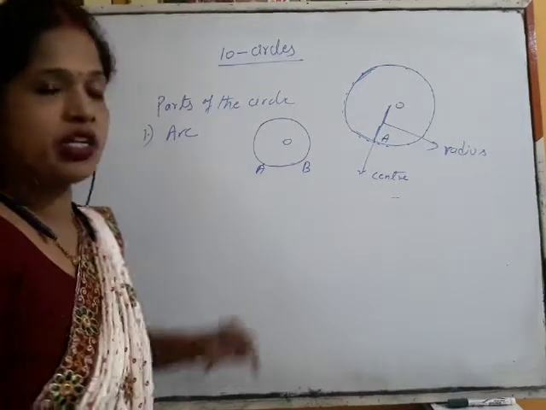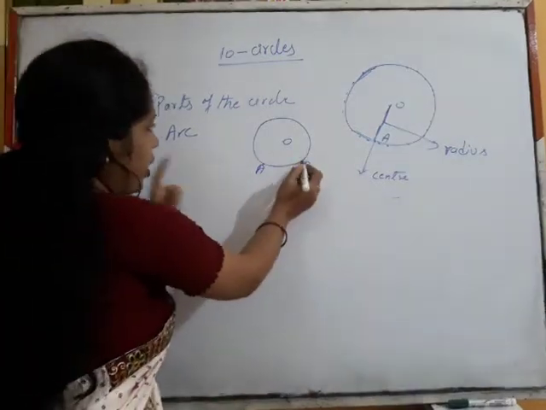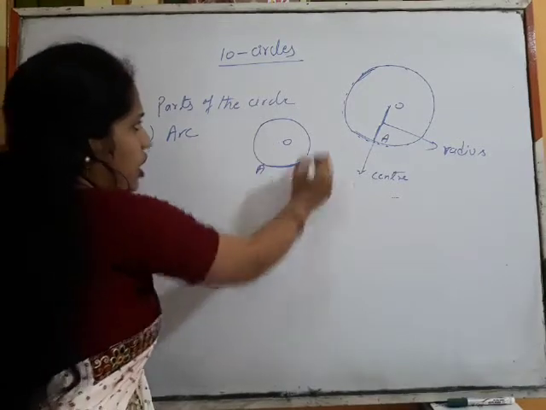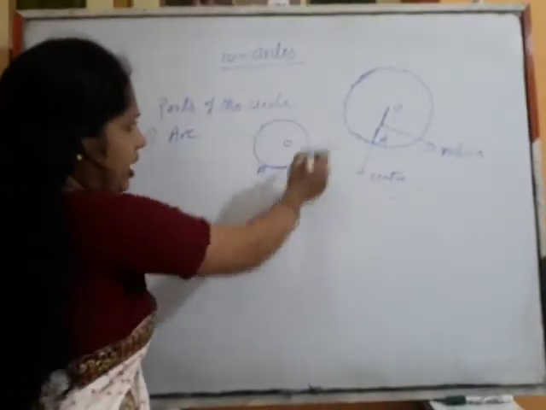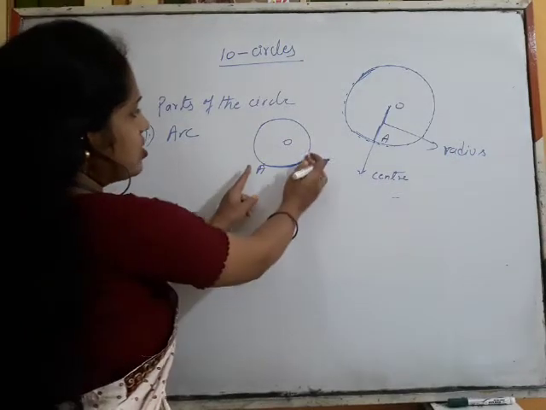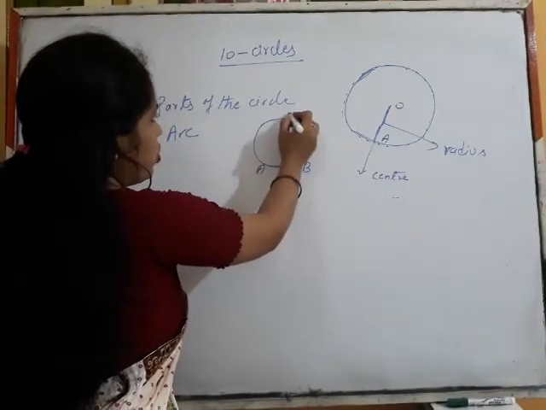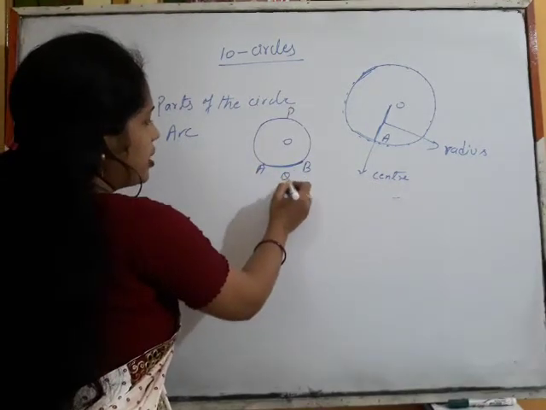These 2 points are joined this way or this way also. So actually the circle has been divided into 2 parts. Suppose here it is P and here it is Q.